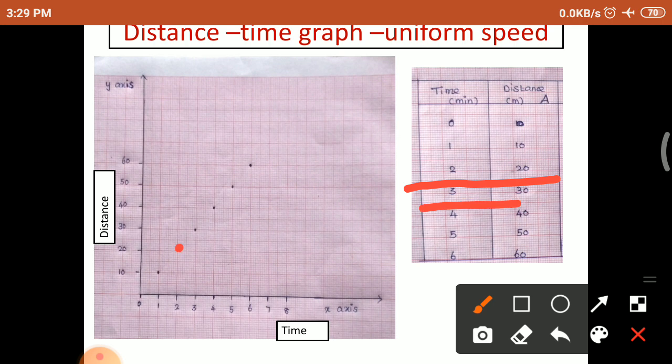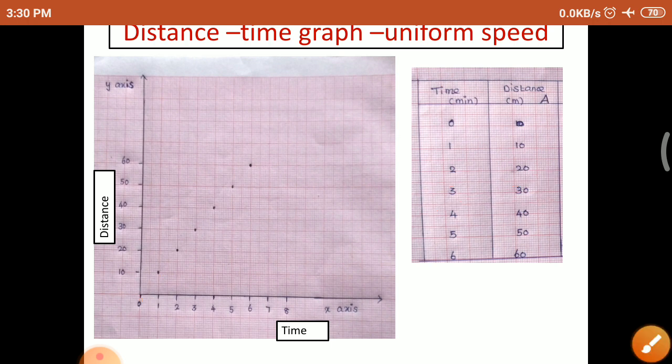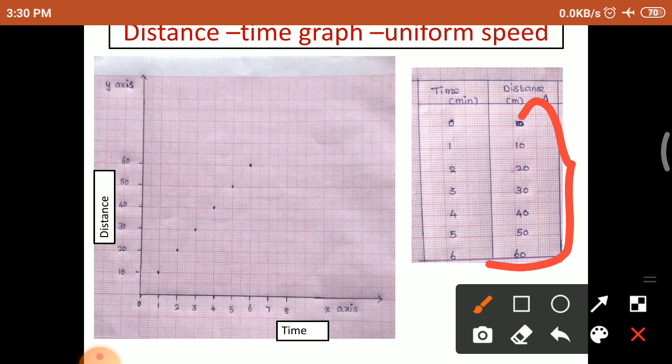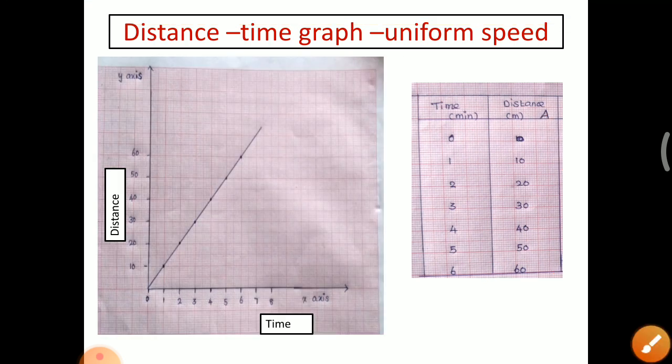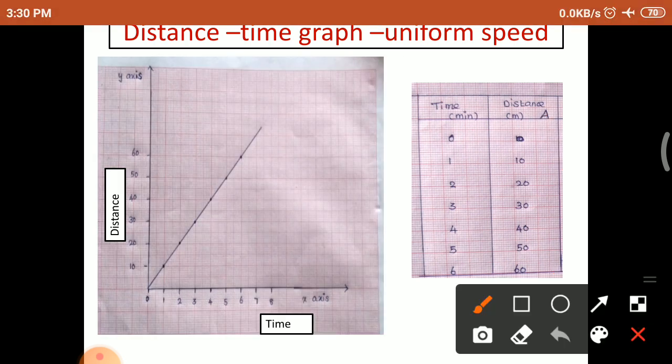When time is 3 minutes, the distance covered is 30. Then 4 minutes, 40. 5 minutes, 50. 6 minutes, 60. Using this reading, you have to mark the points. The next step, you have to join all the dots. So we get a straight line.